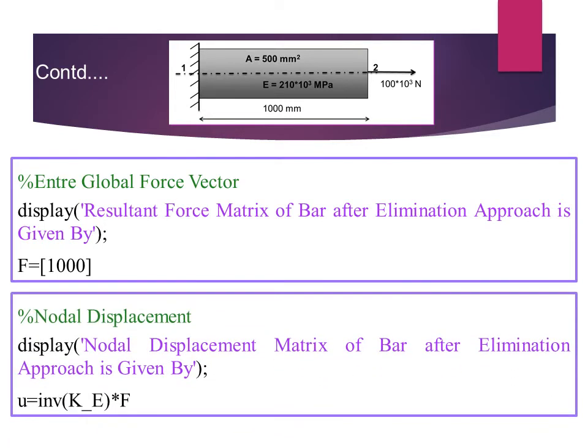After that, as the stiffness matrix after elimination and the force vector are known, K into U is equal to F, therefore U is equal to, I am using the inbuilt function from MATLAB, that is the inverse of K underscore E into F. Okay, and then that matrix is this.